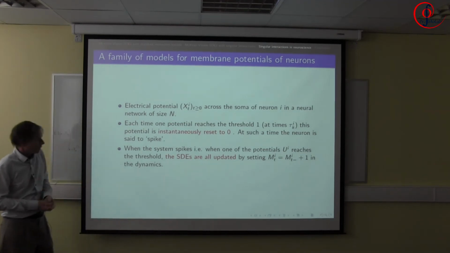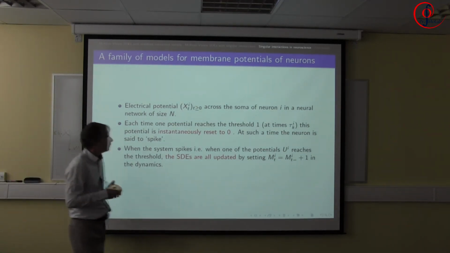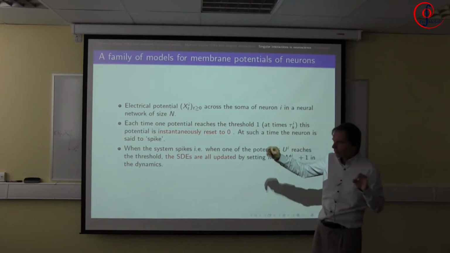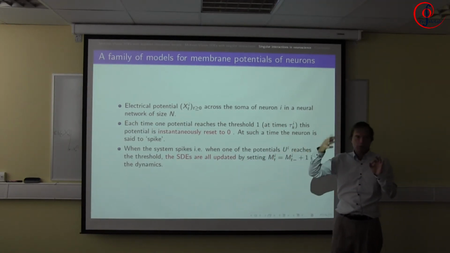So, a neuron works as a membrane, and along the membrane, the electric potential varies.